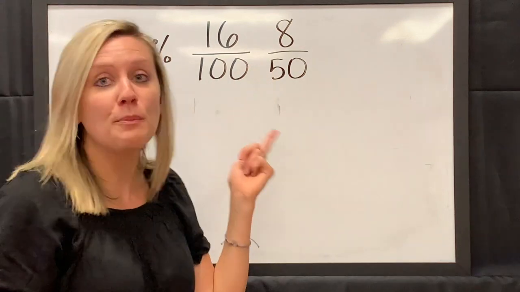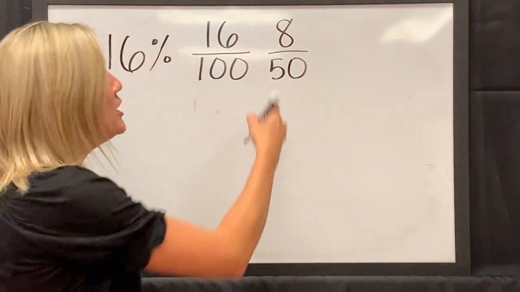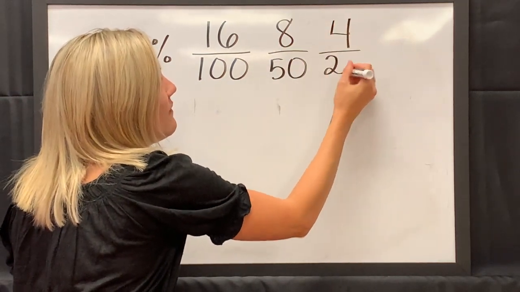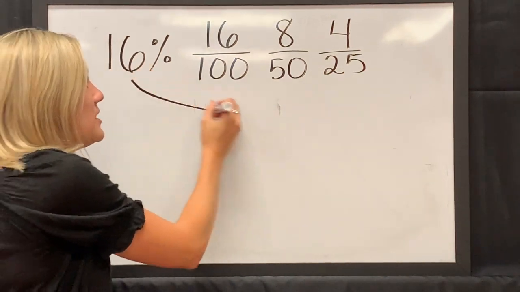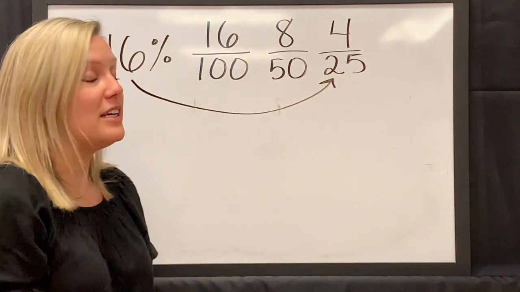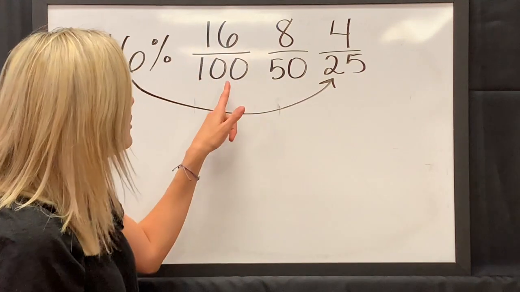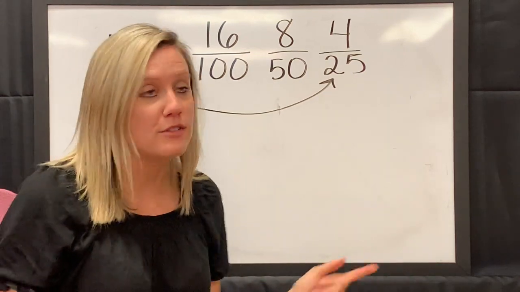Now, I can tell that they're both even numbers. That means 2 must go into them again. 2 goes into 8 4 times, and 2 goes into 50 25 times. So our reduced fraction of 16% is going to be 4/25.